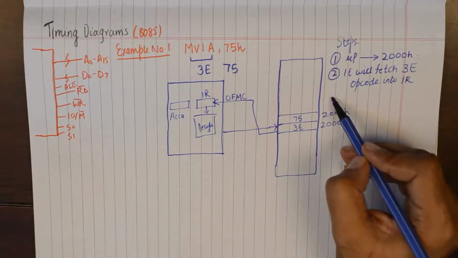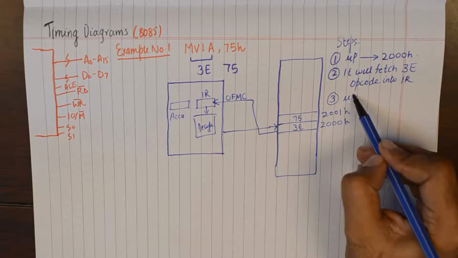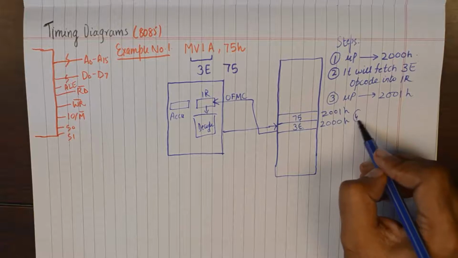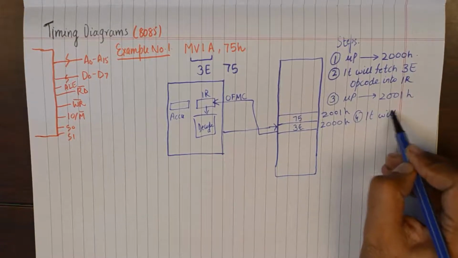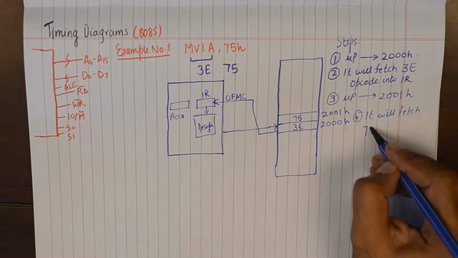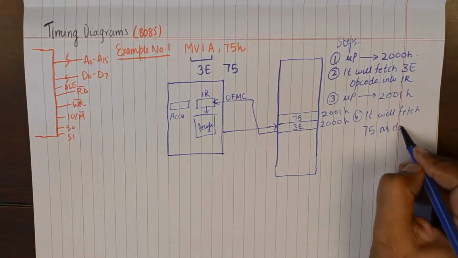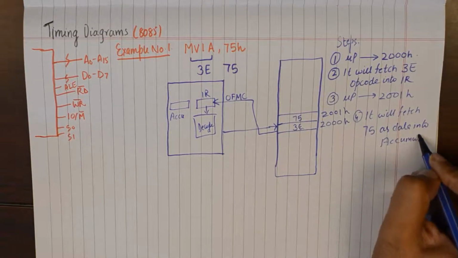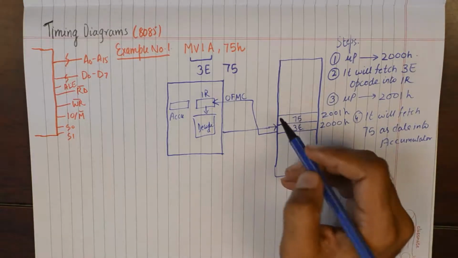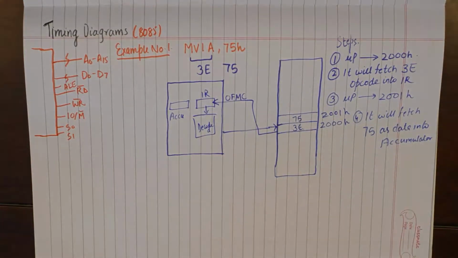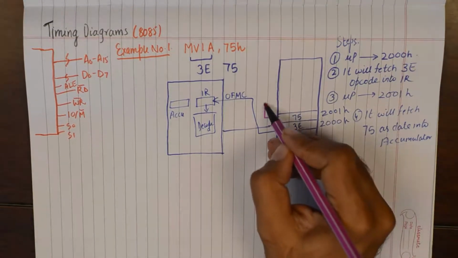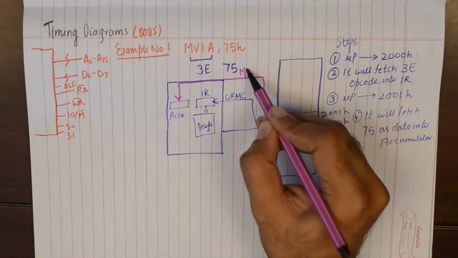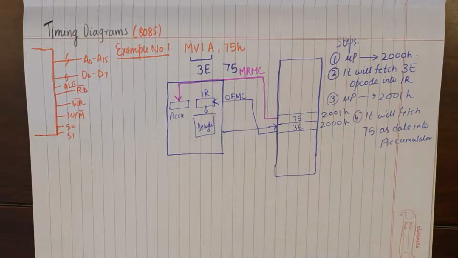So in third step, microprocessor will now point to 2001. Now in fourth step it will fetch 75 as data into accumulator. And that would be classified as a memory read machine cycle.